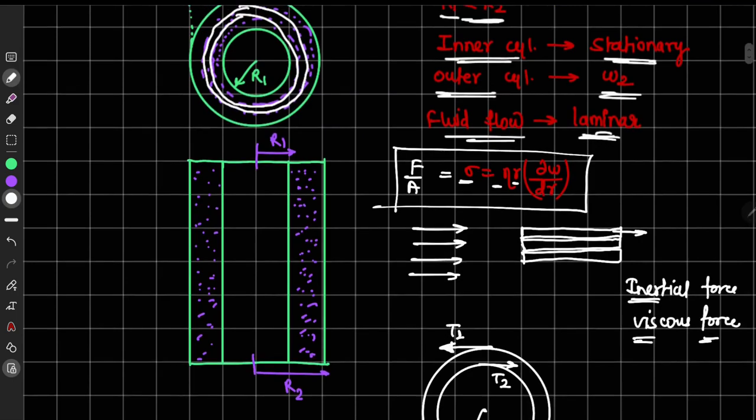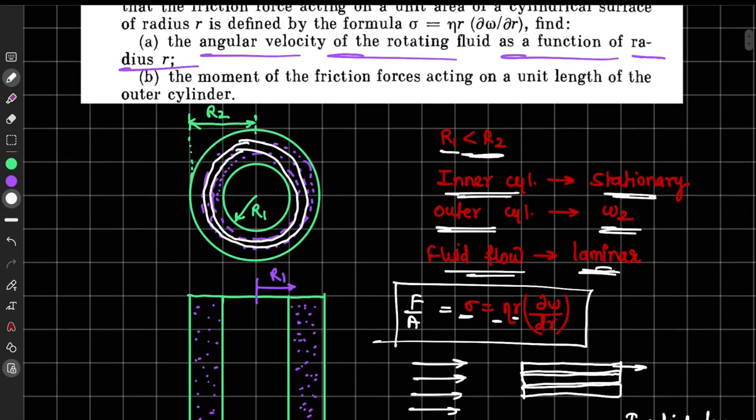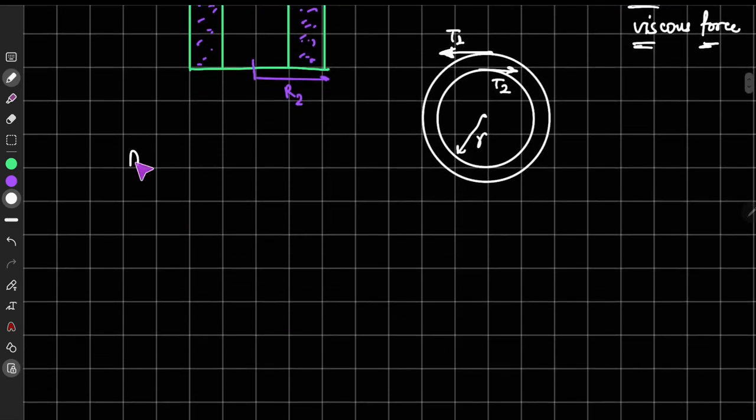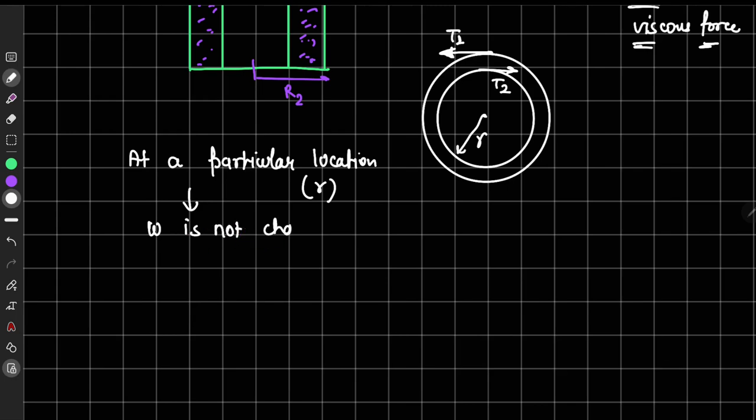If we see here, the omega of the outer cylinder is constant, that is omega 2, and the omega of the inner cylinder is also constant, that is 0, and it varies from 0 to omega 2. But at a particular location, let us say at r, omega is not changing with time.